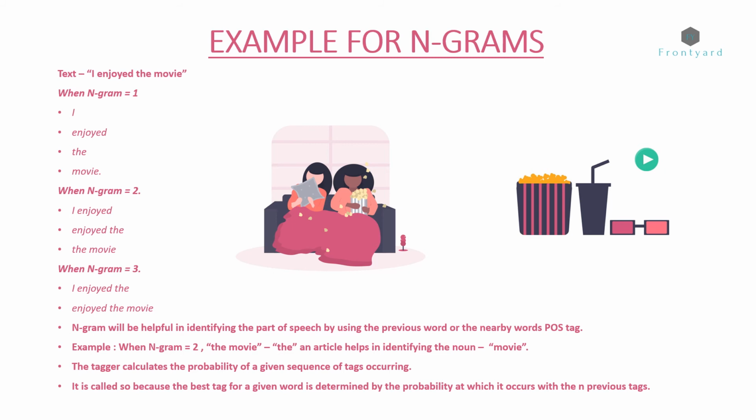So here is an example for the last point. Consider the sentence I enjoy the movie, and there are two more similar sentences with the movie. From this we know that movie is a noun based on the previous word the. Now we get a new text that says movie was terrific.